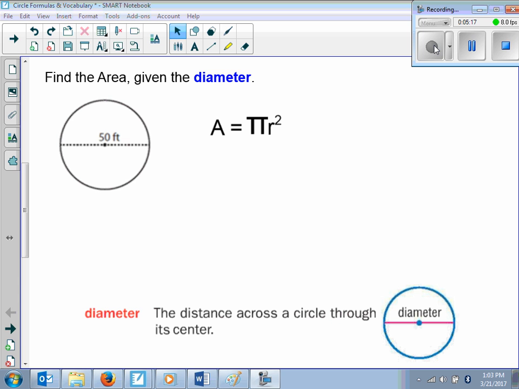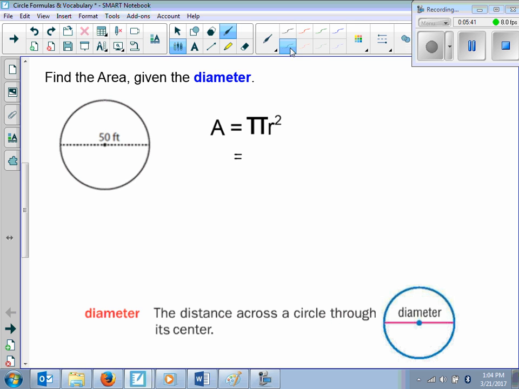Pi r squared. Okay? And now we're going to substitute what we know. So once again, we know that pi is equal to 3.14. Okay, so pi is equal to 3.